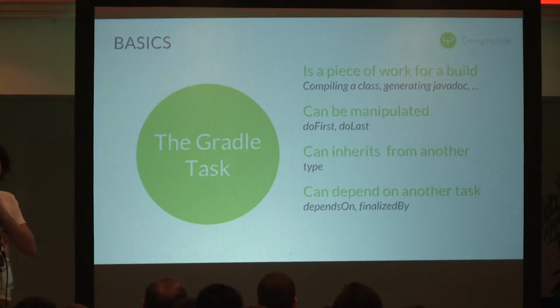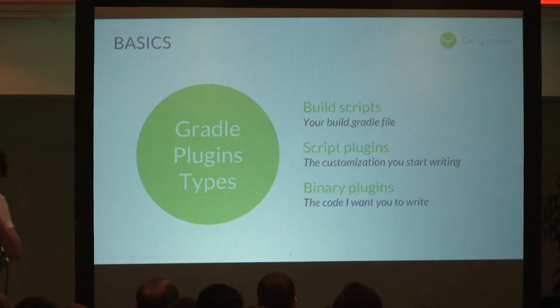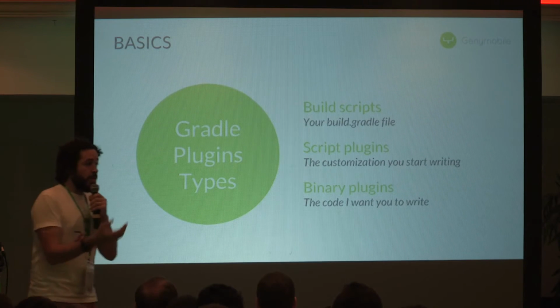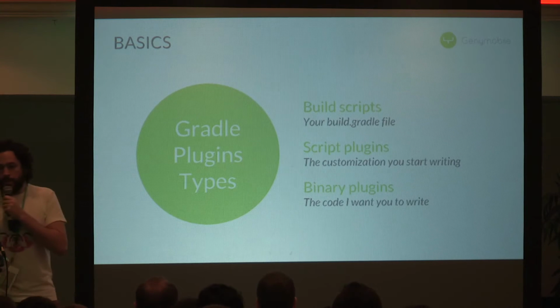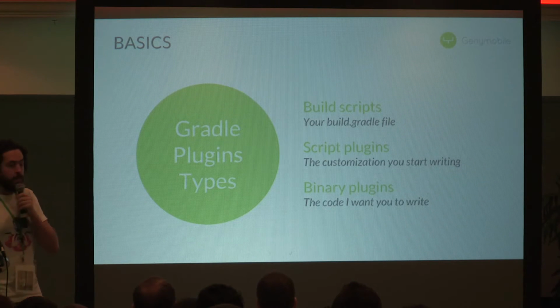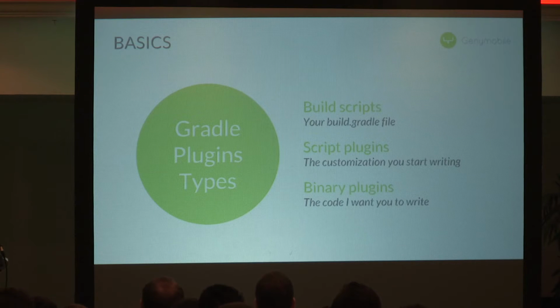Script plugins are build.gradle files where you modify the script, you integrate plugins, and you use the Gradle plugin API. What we will talk about today is more the binary plugins. Binary plugins are jars that you can build, or put in a Maven repository, where you can publish your Gradle plugin so people can use it.